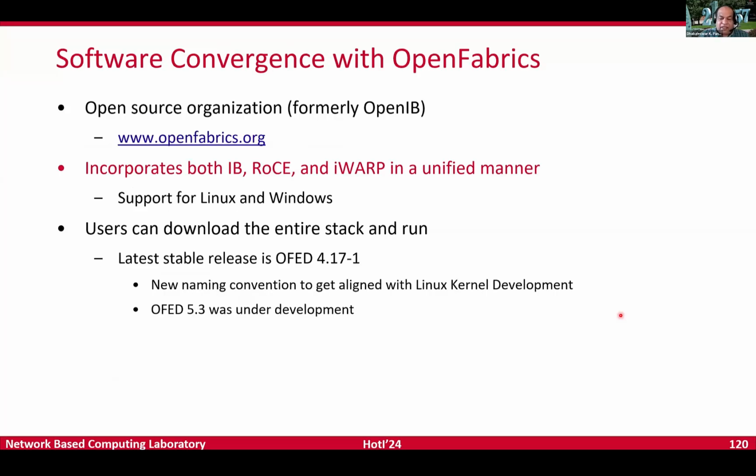So when this field started, in the very beginning, of course, we have the hardware. Since InfiniBand was an open standard, there was a lot of initiative. I'm just going back here, like almost early 2000, a lot of DOE labs. There were multiple vendors of InfiniBand. There was an organization called OpenIB.